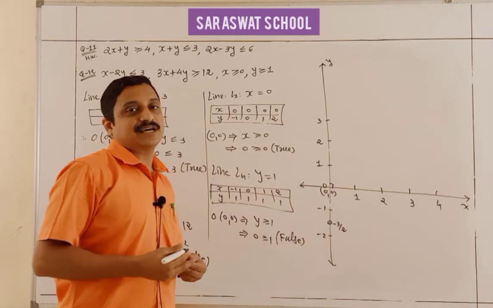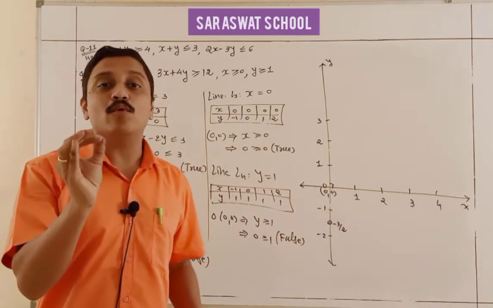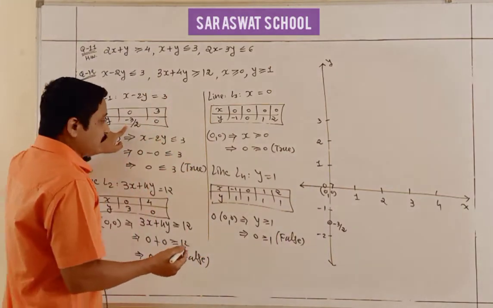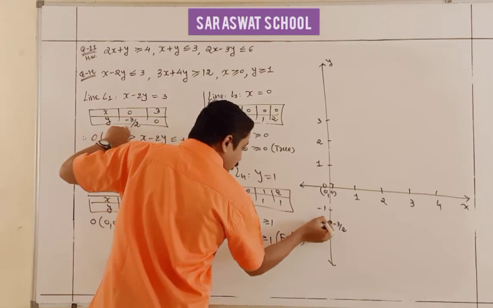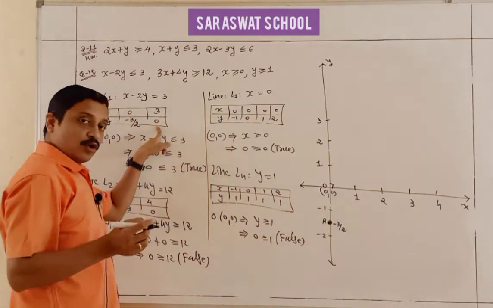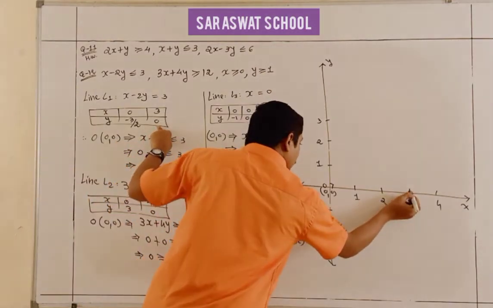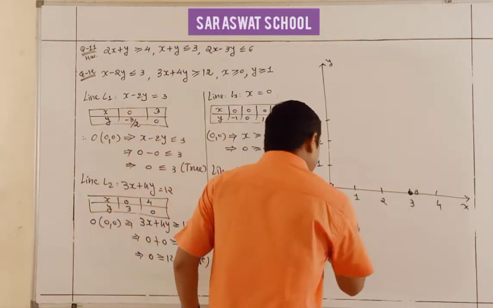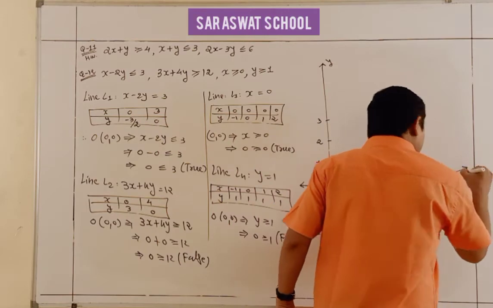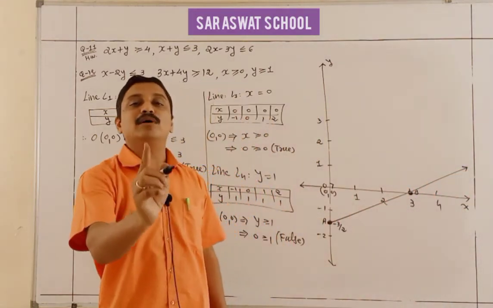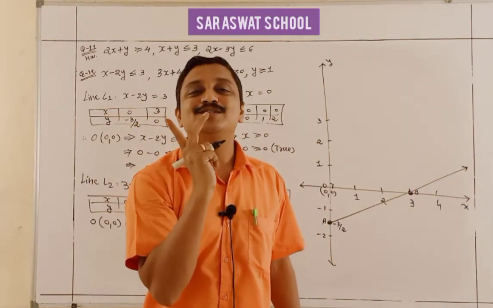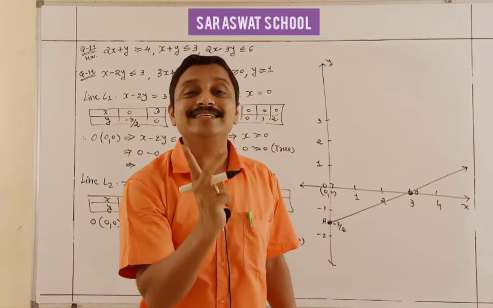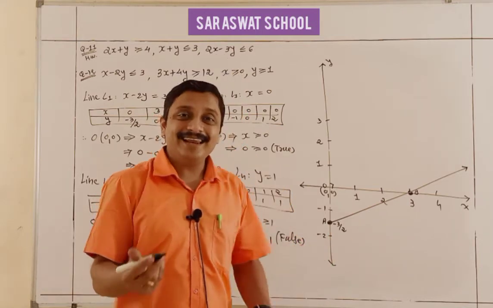Now I start respectively one by one. First of all, here 0, then minus 3 by 2, that's the point A. 3, 0 is the point B. And both are connected by a line, because any line requires a minimum of 2 points. So students, I only check the 2 points and easily plot the line.